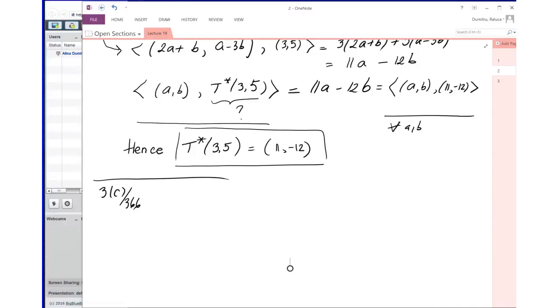The inner product space is P1 of R. It is an inner product space with the inner product given by the integral from -1 to 1 of f(t) g(t).